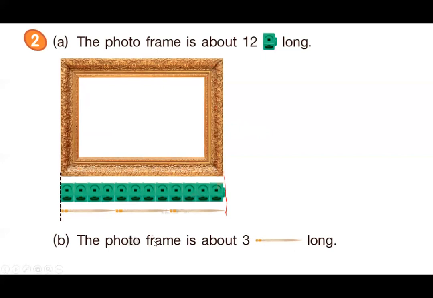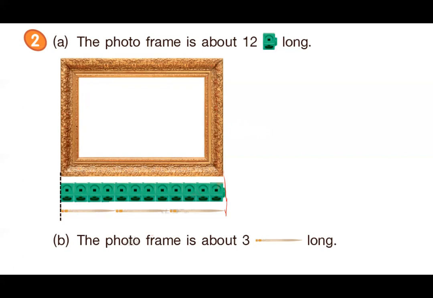So when we are using these kinds of non-standard units, as I told you, we must make sure that the object that we have chosen to use must be the same.